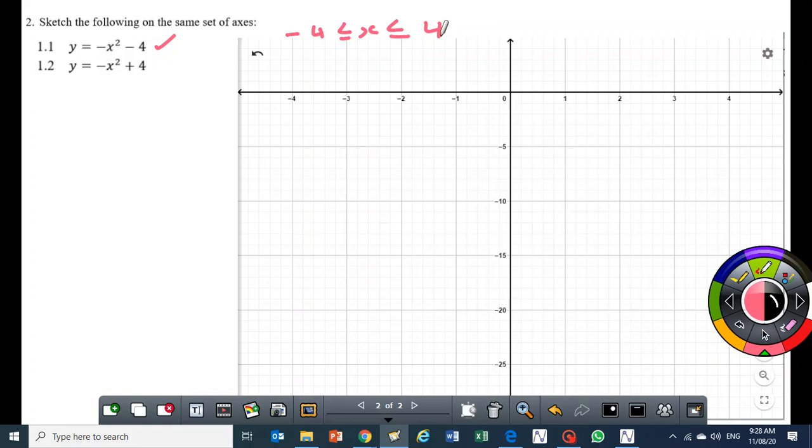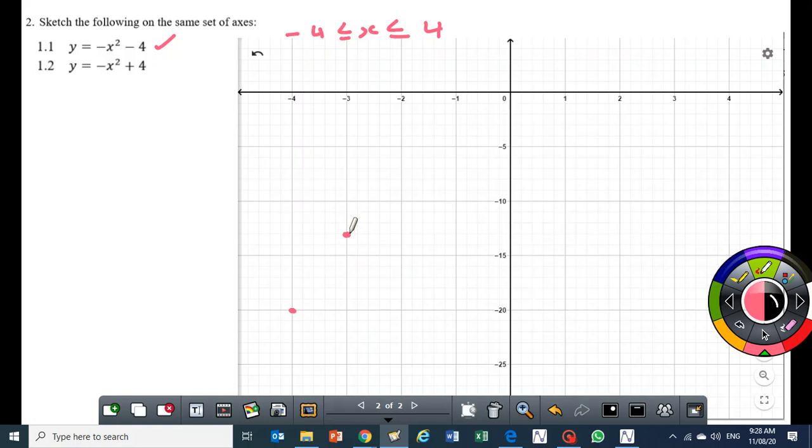So when x is 4, y is minus 20. Then when x is minus 3, I'll get minus 9 minus 4, which gives me minus 13. Minus 13 is here.